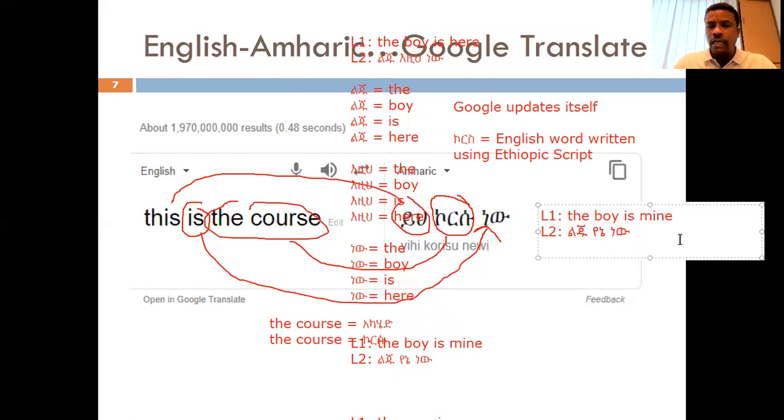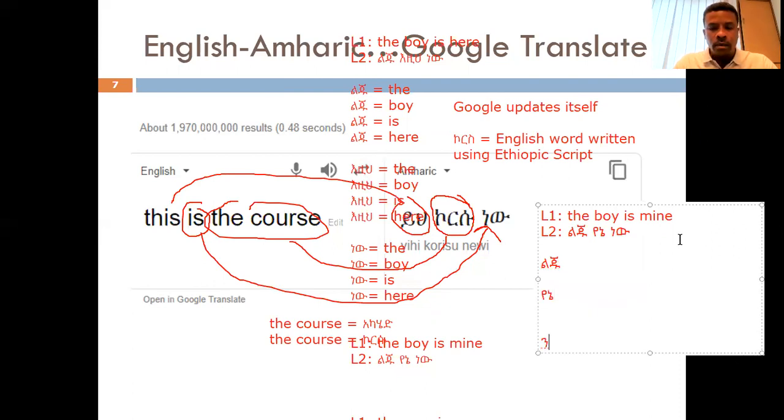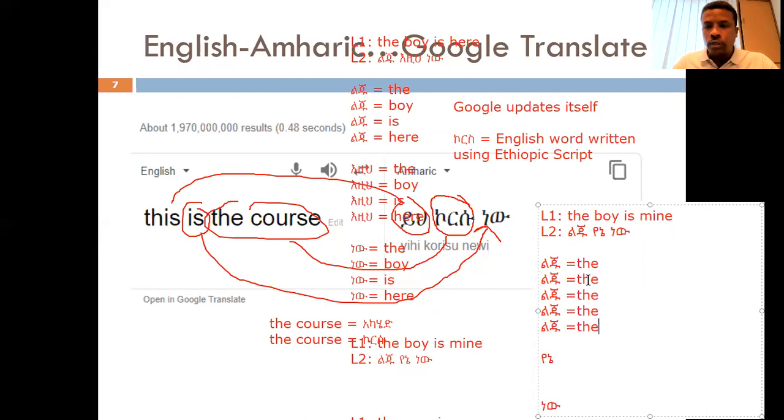Then I can say, taking ልጁ የኔ ነው, ልጁ can mean "the," then ልጁ can mean "boy," ልጁ can mean "is," ልጁ can mean "mine."